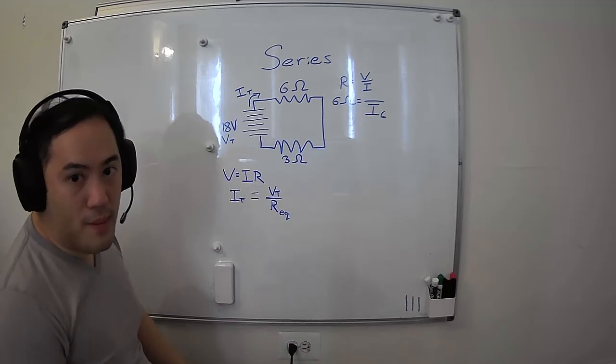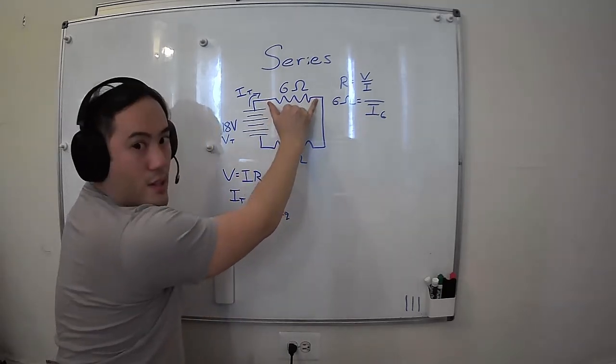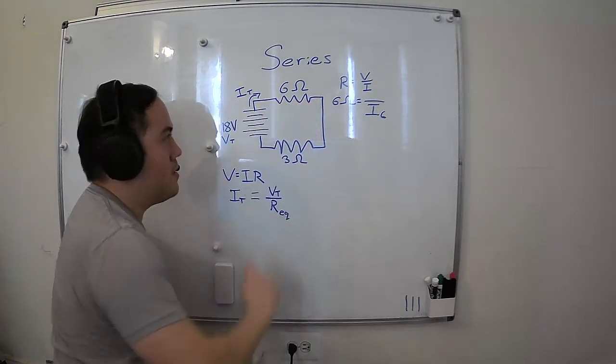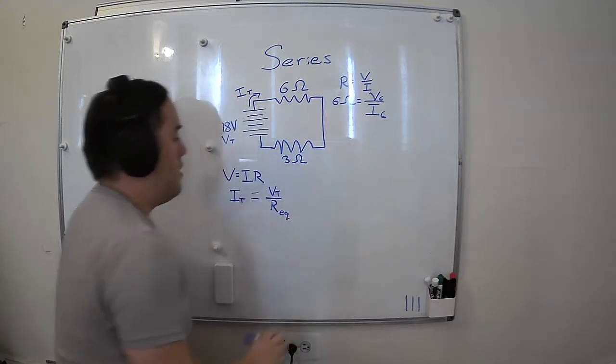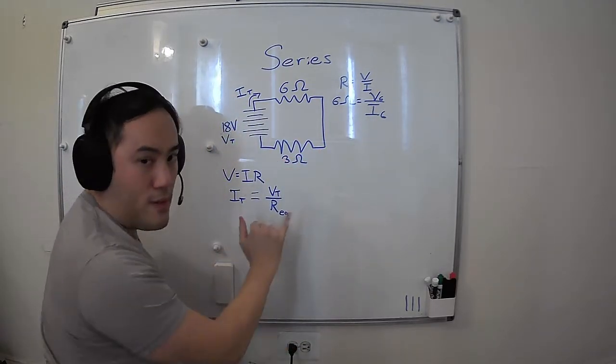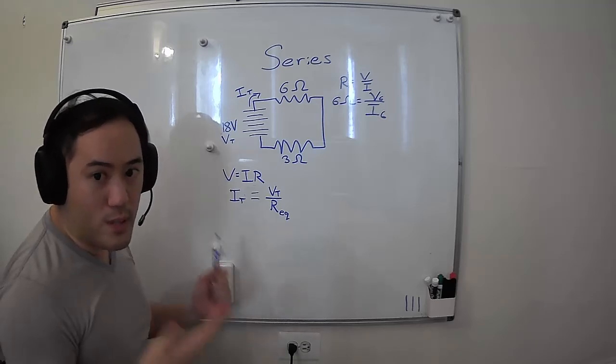And the voltage drop, let's say my hand is a voltmeter, I connect it here and here. The voltage drop is unknown. Let's call it V6. The voltage drop from here to here will be V3. Maybe V total equals V3, maybe V total equals V6.